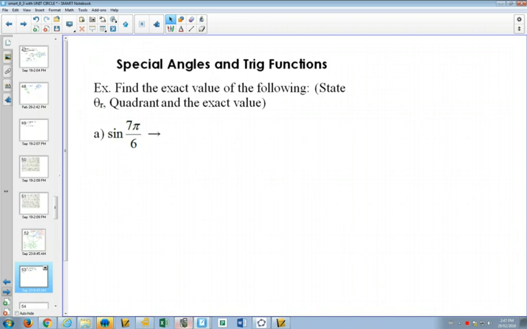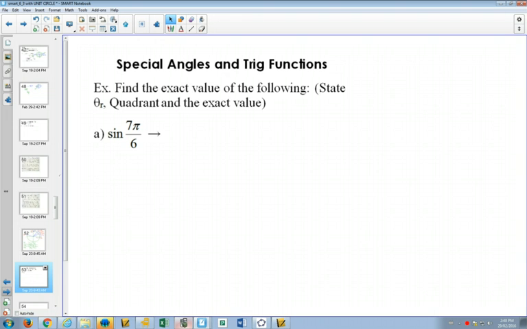Mental math with the unit circle. Sine of 7 pi over 6. The way that I would think through this is I would say to myself, do I recognize the family? The family is going to be pi over 6. So I know that sine of pi over 6 is a half. So then now I just have to think, well, what quadrant is 7 pi over 6 in? It's in quadrant 3.